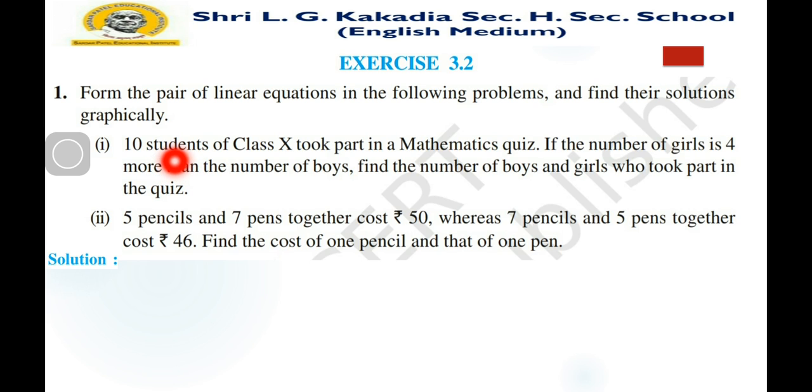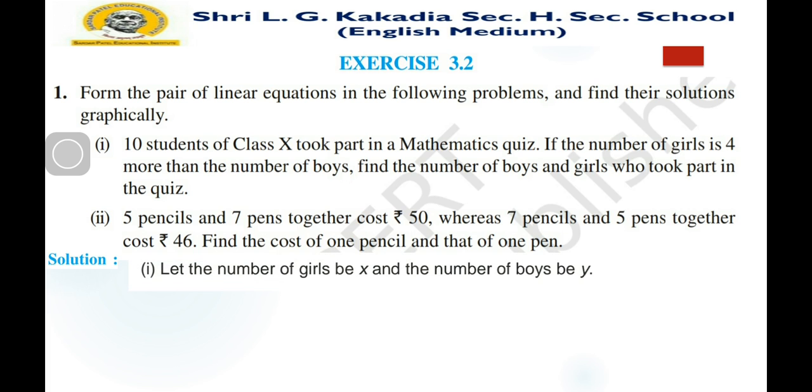This one will be the first equation, and the next one, the number of girls, that is x, is 4 more than the number of boys, that is y, so x is equal to y plus 4. So we have two equations from the problem. So we solve the first problem.